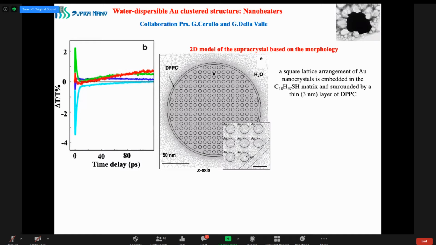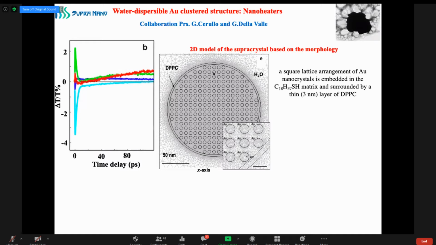This gives the relaxation dynamic of the nanoparticles, and when they also couple this temperature model with the organic system, they can determine the permittivity and compute.